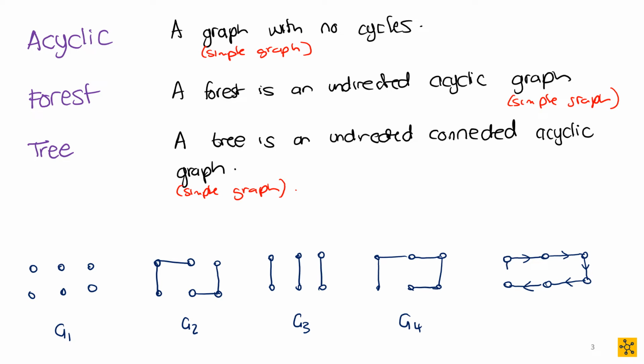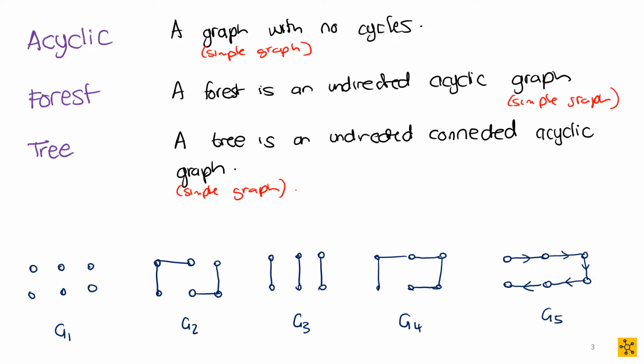At first look, if you don't look at the arrows, it looks like it has a cycle in it, but when you look closer, it doesn't actually have a cycle because of the direction. It has a very specific direction, and that's G5.